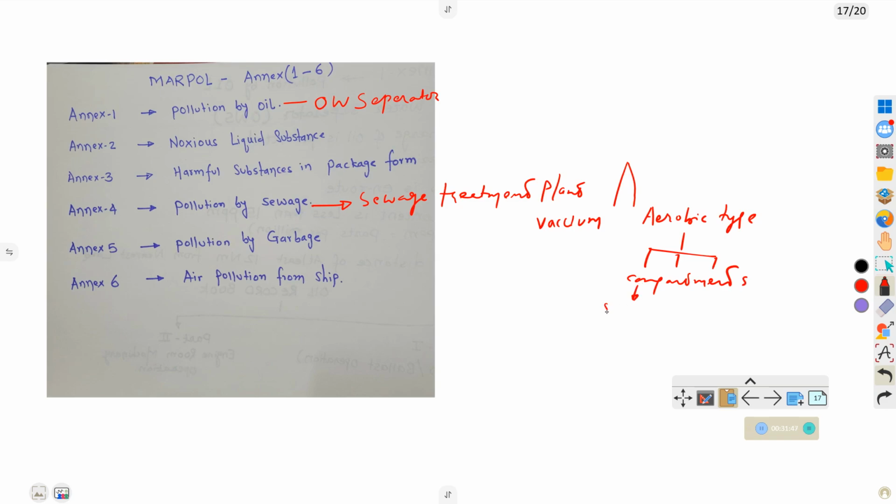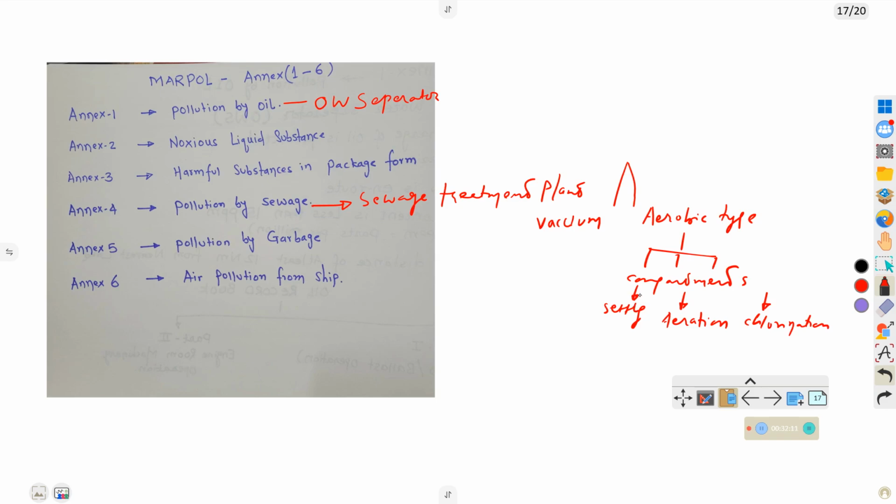One is settling, another is aeration, and the third is chlorination.